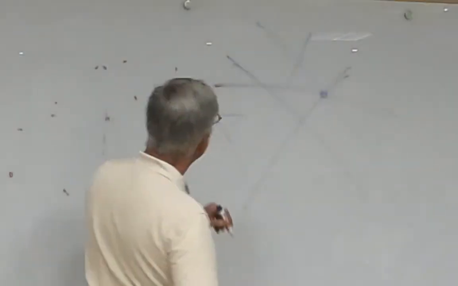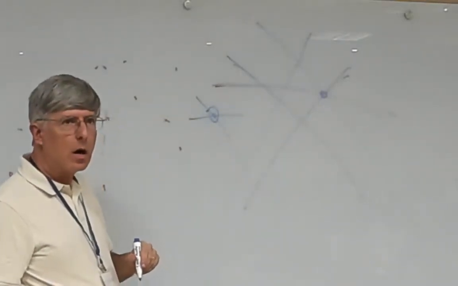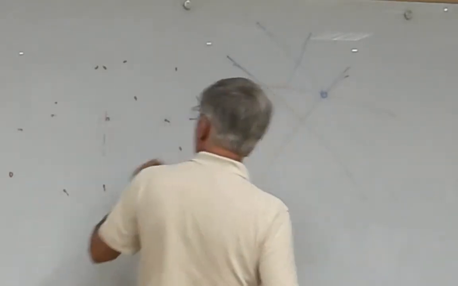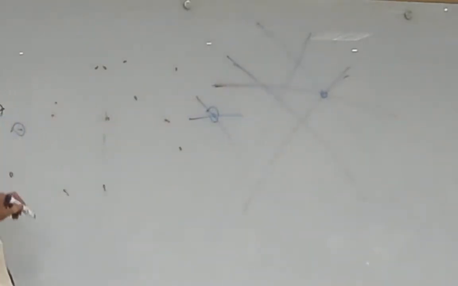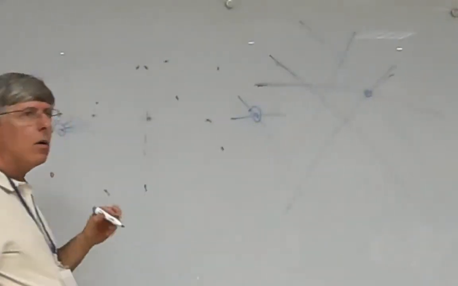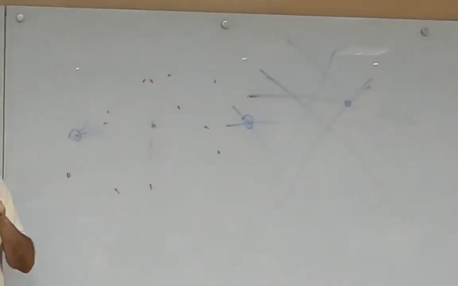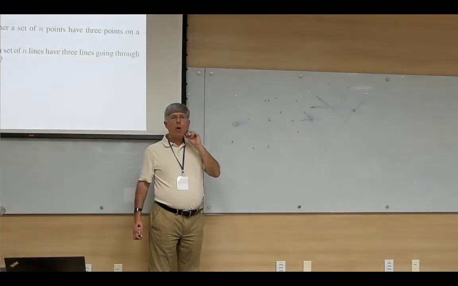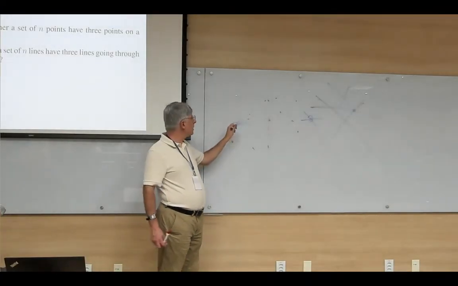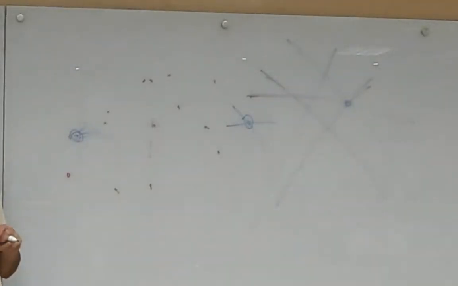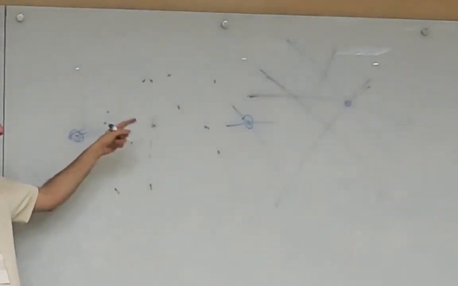And if there are two of those that are the same or that are 180 apart, then this point is involved in a triple. If this point is involved in a triple, its angles to two of these points will be the same.